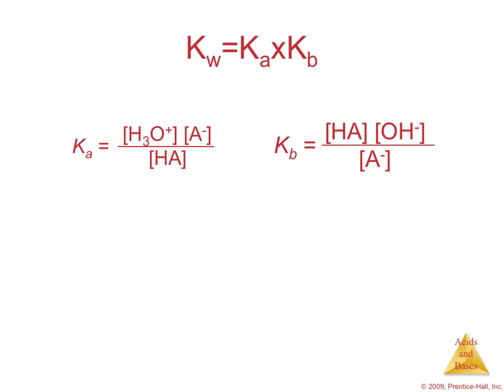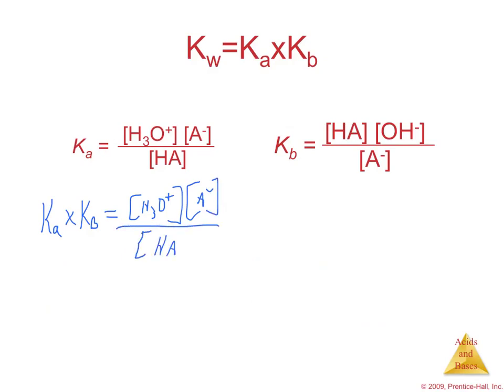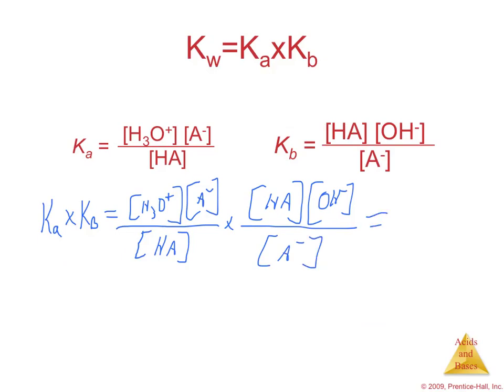If I just take both of these and multiply them by each other, so the Ka times the Kb is going to equal the H3O plus times the A minus over the HA, and that's going to be times the HA times OH minus over the A minus, and that, after I do some crossing out, the A minuses are going to cancel out with each other, and the HAs are going to cancel out with each other.